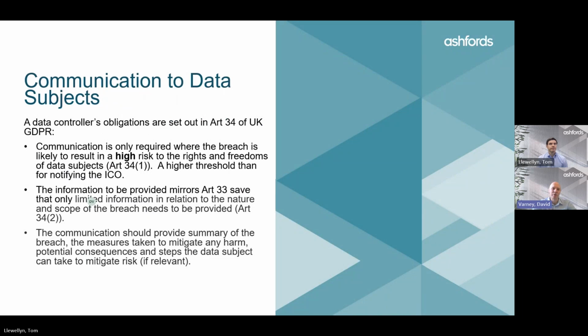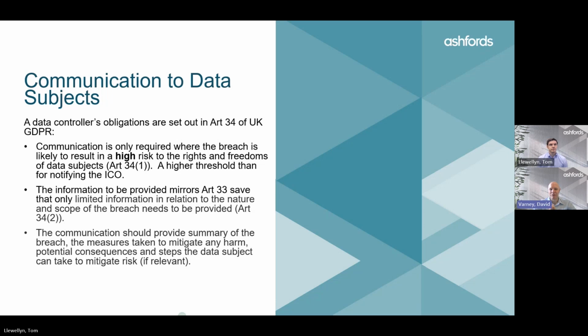Then the question is communication to the data subjects. The threshold for reporting to individuals affected by a breach is higher than the requirement to report to the ICO. This typically is where things start to get a bit more complex in a data breach, where depending on the numbers, the amount of individuals that need to be dealt with or spoken to becomes quite relevant.